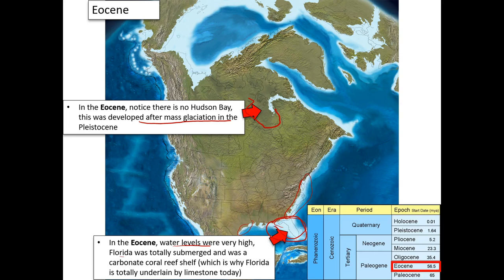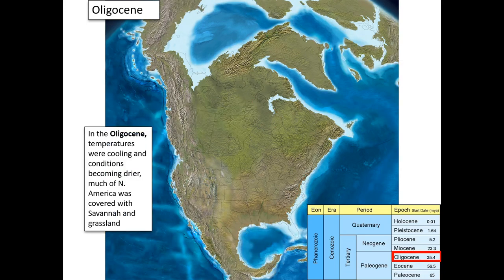Even to this day, Florida has a very low average elevation. I think it's probably one of the lowest elevation states in our union, and it's also totally underlain by old coral reef carbonate shelves. So that's why it's also very susceptible to sinkholes there in Florida.